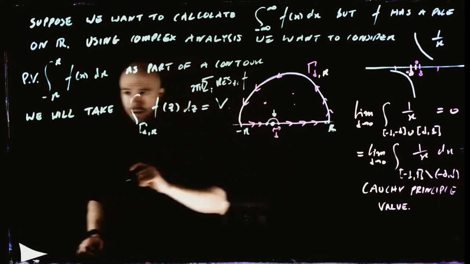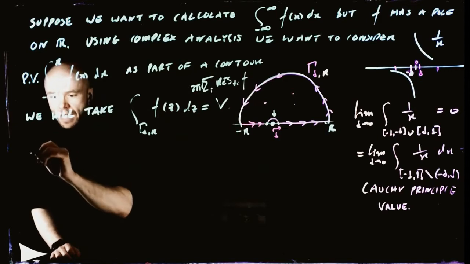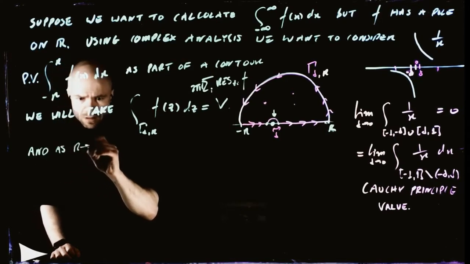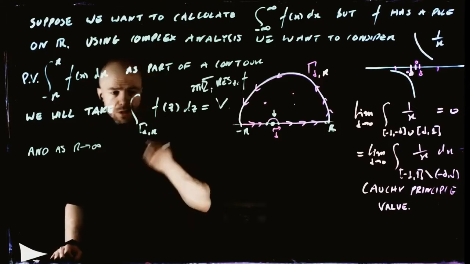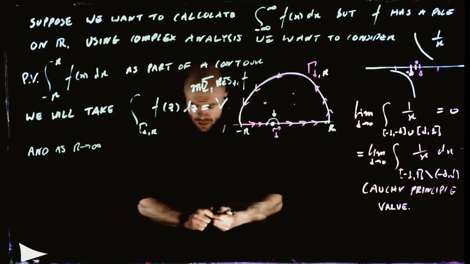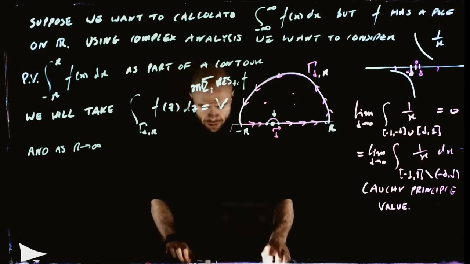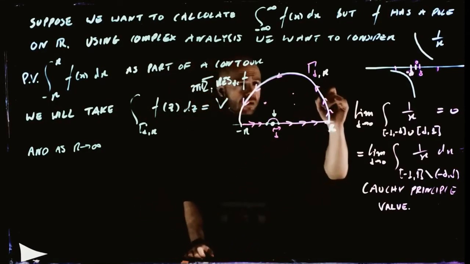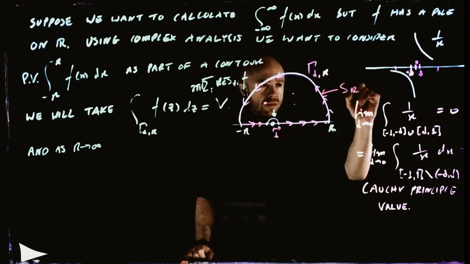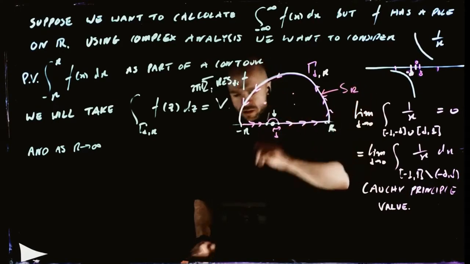This is something we can calculate. And as r goes to infinity, the semicircle part, which is harder for me to express in this way, we will denote as S of R. So this is the semicircle.